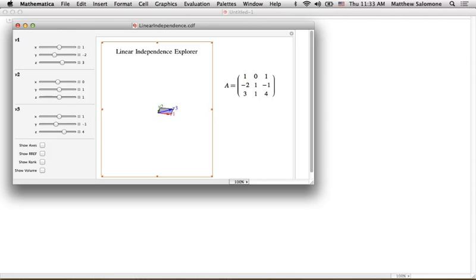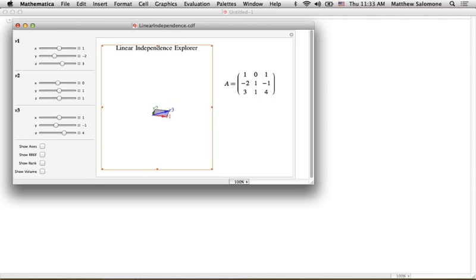Or maybe a more specific question I can ask is, what volume does the parallelepiped spanned by these 3 columns have in 3 dimensions? How could we answer that question, by the way? What quantity do we know how to compute that would answer the question? It's the determinant of this 3 by 3 matrix.